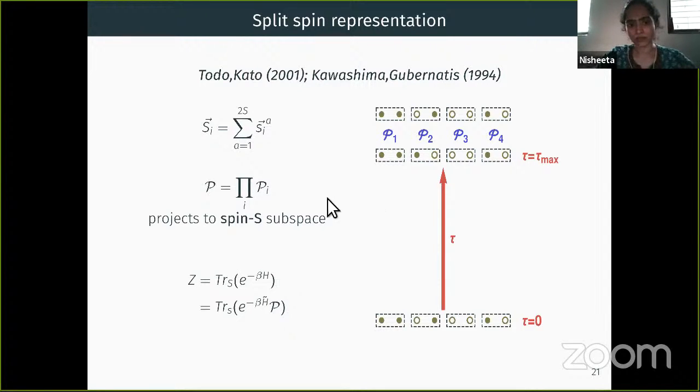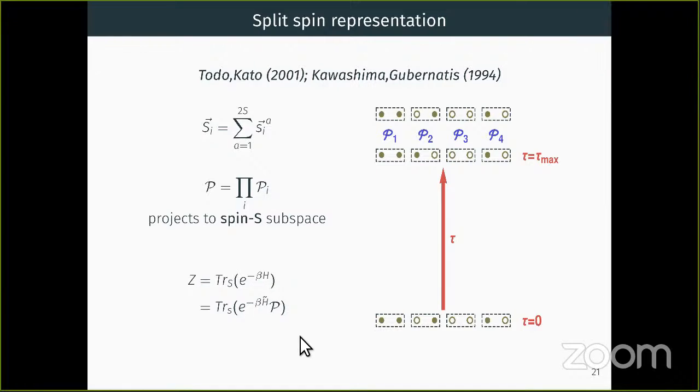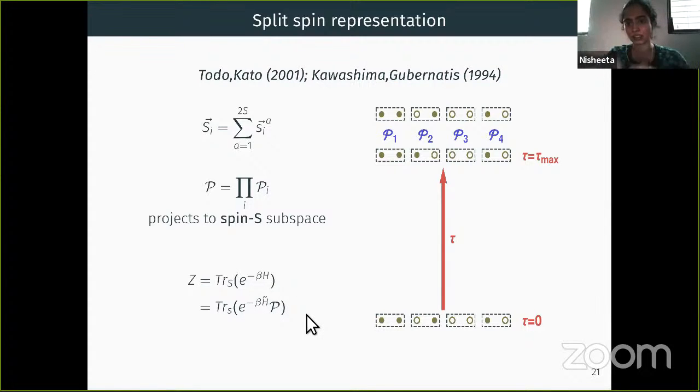That's why you have this projection operator, which is actually a symmetrization operator. You have a product of local symmetrization operators at each spin S site. So this is now the partition function that we want to simulate, where we have replaced all the spin S's by spin halves, and we've put a projection operator at the last time slice.